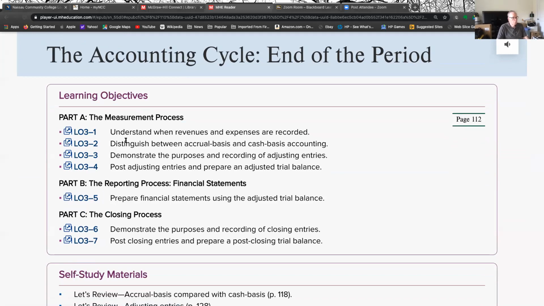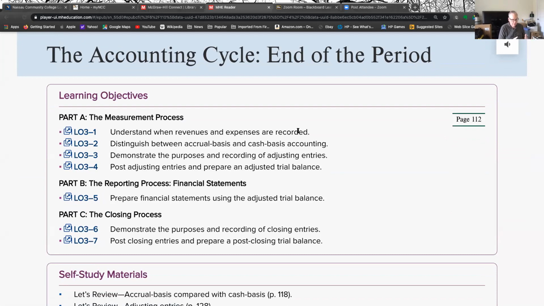Understand when revenues and expenses are recorded. Well, revenues and expenses get recorded every day. However, the problem is when we talk about adjustments, sometimes the expense is something that you use now, but you don't pay for it until later, right? So that's why you have to make an adjusting entry for that.